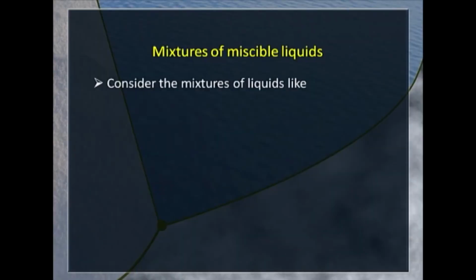So we are interested in dealing with mixtures of miscible liquids in order to elaborate on liquid vapor equilibria. Consider mixtures of liquids like ethanol and water, chloroform and acetone. Now, which is the solvent and which is the solute in these cases?